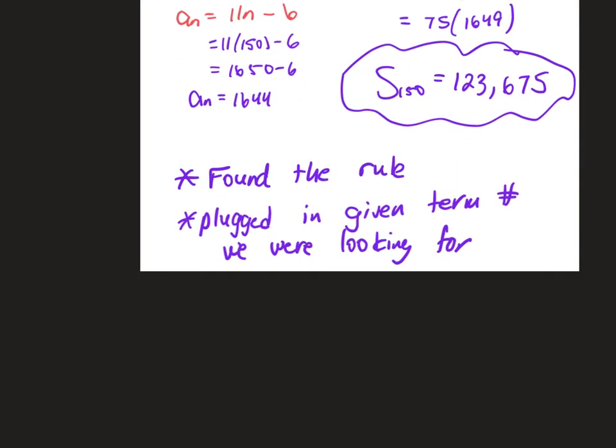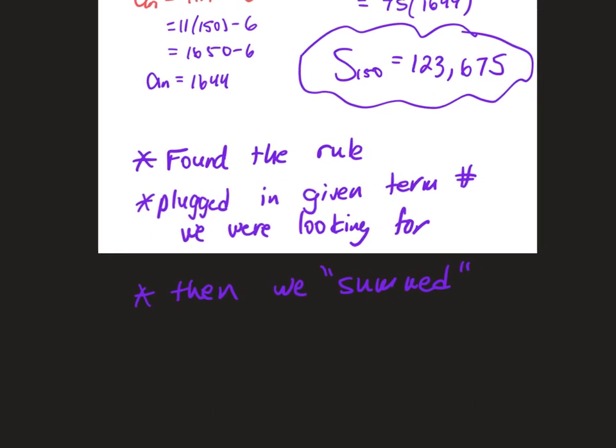Then we found the sum. Because in order to find the sum of the finite, you need to know how many terms you're talking about. You need to know the first term and the last term. So we got to find the last term.